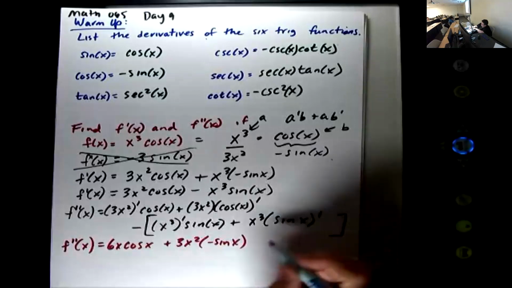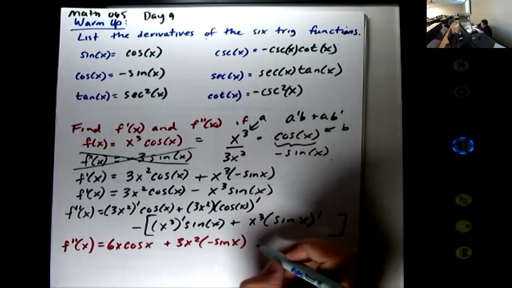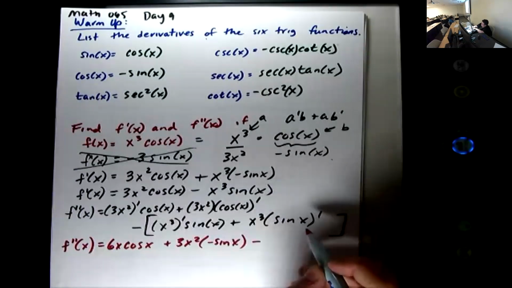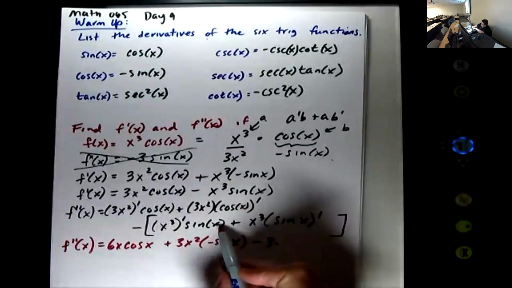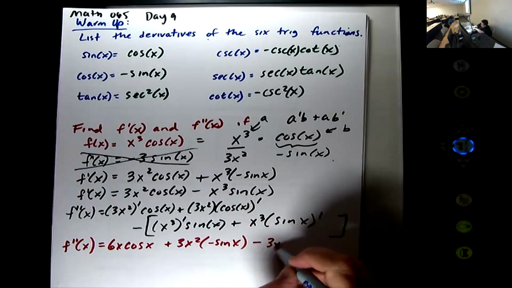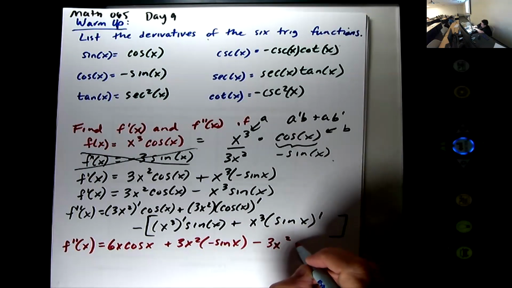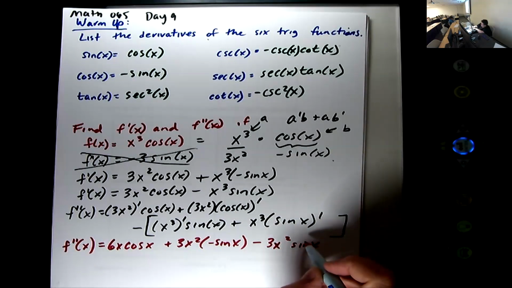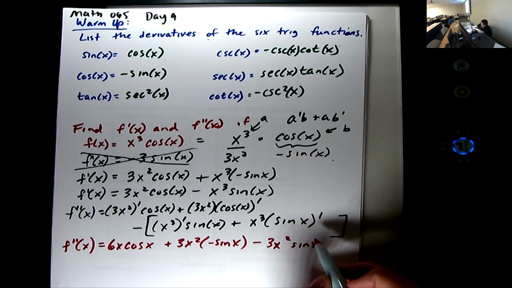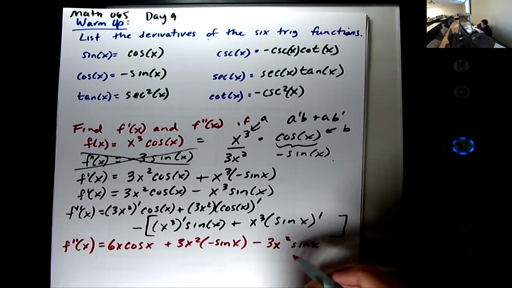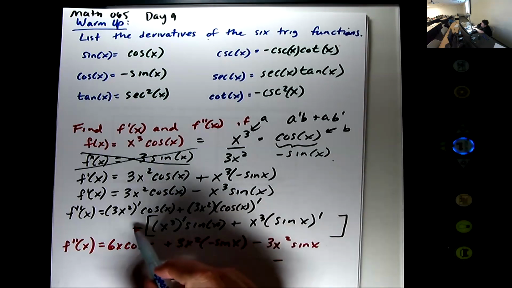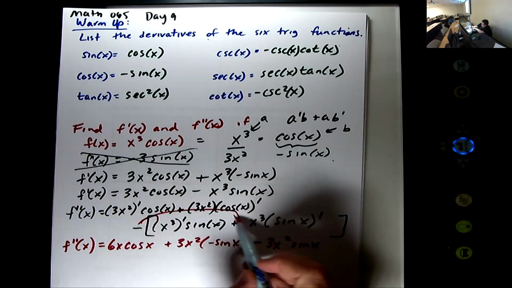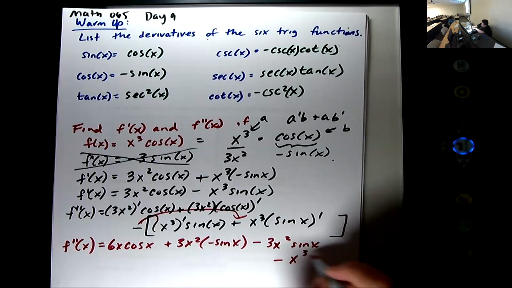And then I've got minus the derivative of x cubed, which is 3x squared, which is what we started with up there, and then the sine x there. Then I'm going to transfer the minus, distributing it to both of these. Minus x cubed cosine x.